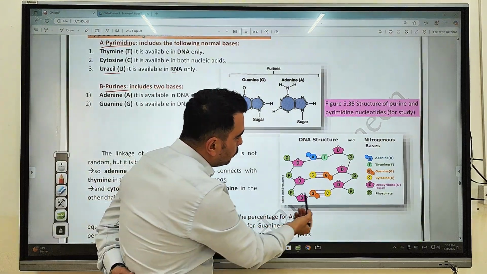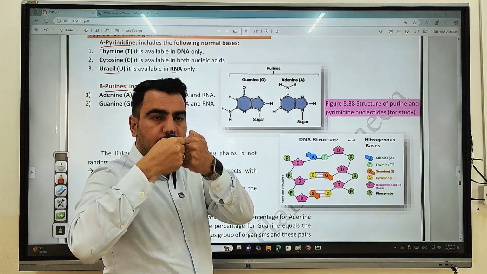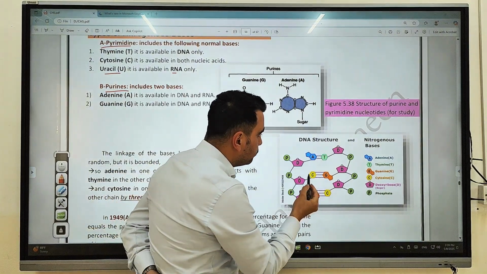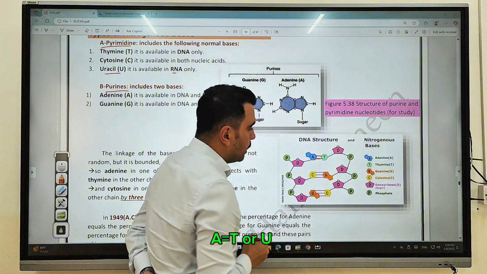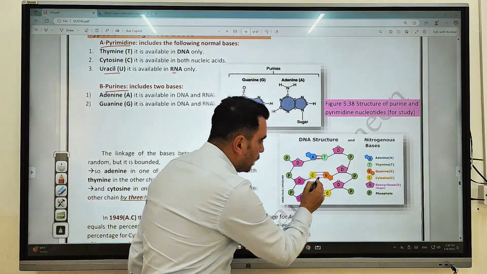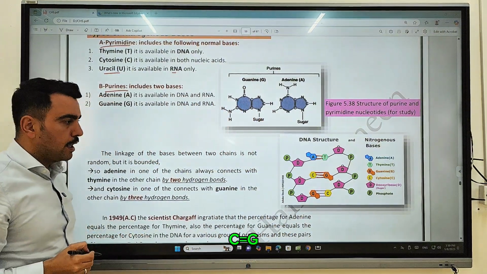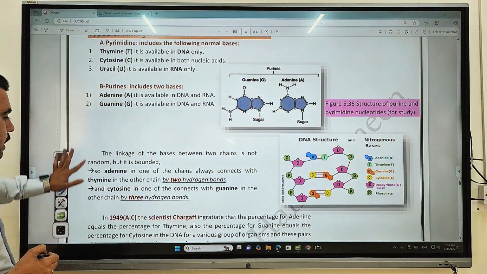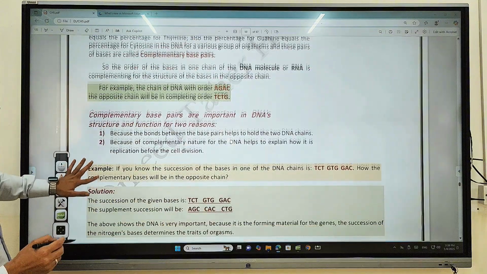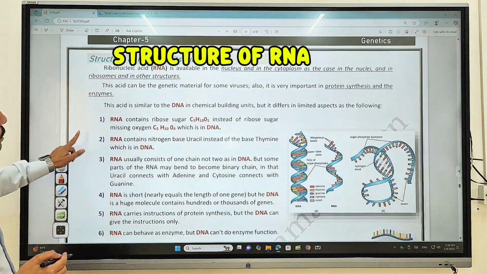Each nucleotide or nitrogen base is connected by hydrogen bonds. Adenine is bonded with thymine by a double bond, and cytosine is bonded with guanine by a triple hydrogen bond.